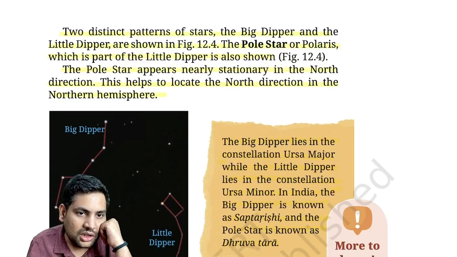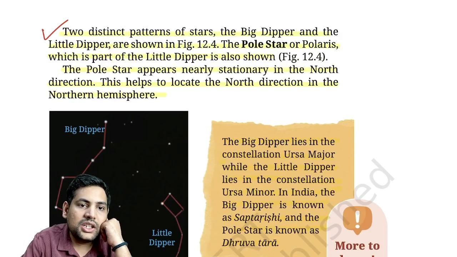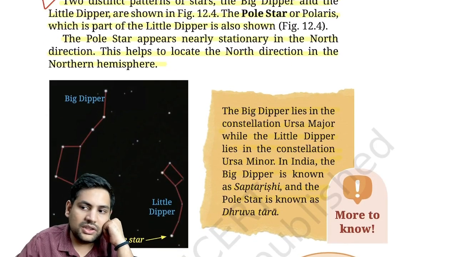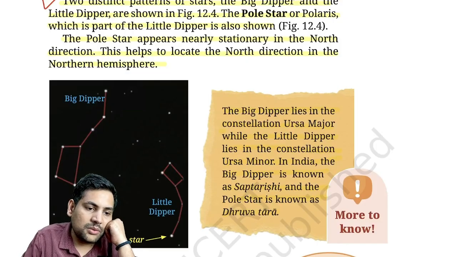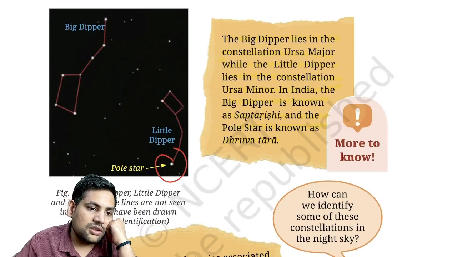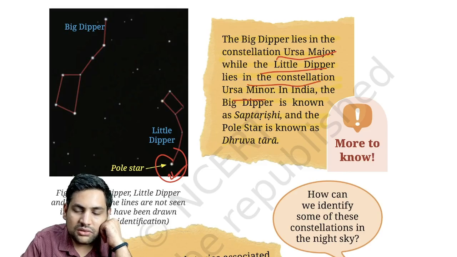Now see these two distinct patterns of stars. The Big Dipper and the Little Dipper are shown here. Now observe this. This is what I was talking about. This is the pole star. Can you see now? This is the pole star. The Big Dipper lies in Ursa Major, while the Little Dipper lies in the constellation Ursa Minor.